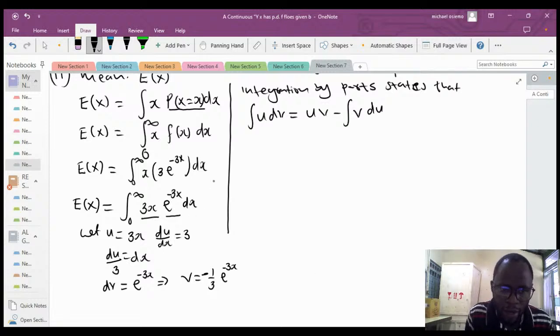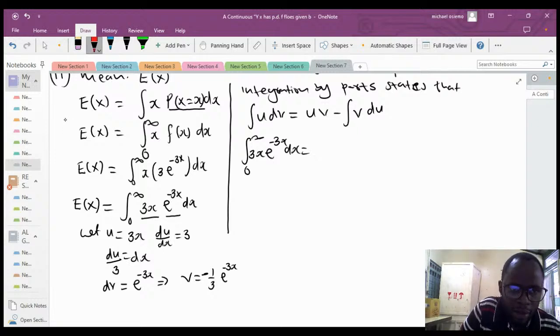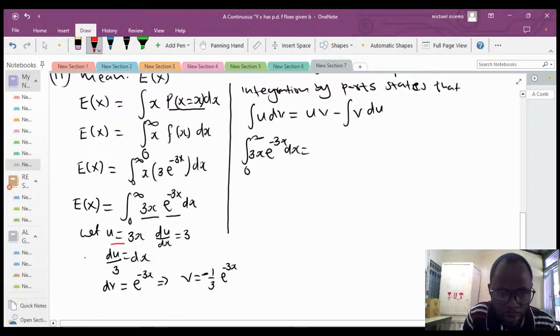And from that case, now you can say the integral of 3x exponential negative 3x dx is equal to, and this runs from 0 to infinity. Let us not forget the ranges, the limit from 0 to infinity. I can change the color so that you can see the difference. So this one is our u, this one is our v.